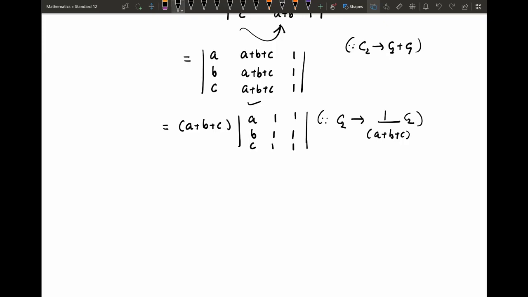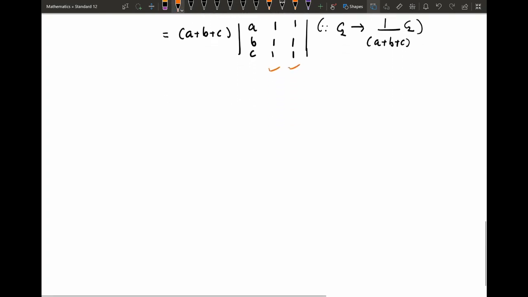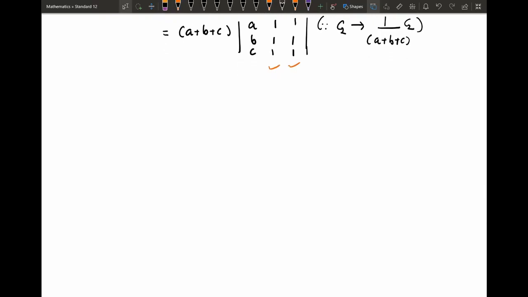And when we take a plus b plus c common, the second and third columns are identical, so the value of the determinant is 0. According to the theorem, if any two rows or columns are identical, the value of the determinant is 0.